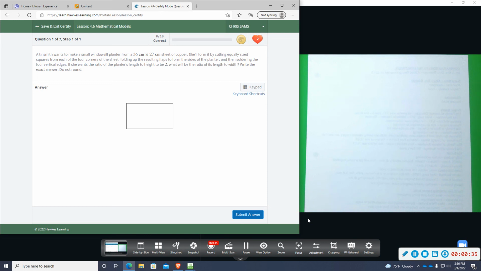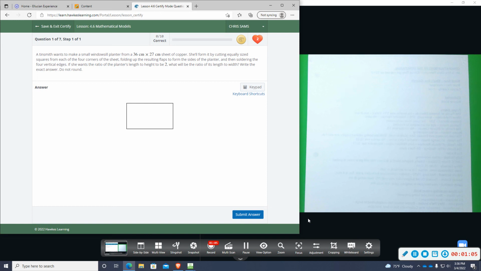The first one says a tinsmith wants to make a small town windowsill planter from a 36 centimeter by 27 centimeter sheet of copper. She'll form it by cutting equally sized squares from each of the 4 corners of the sheet, folding the resulting flaps from the sides to make the planter, and then soldering the 4 edges.